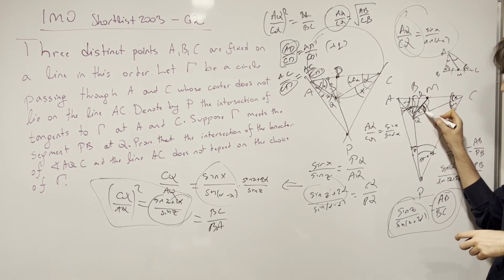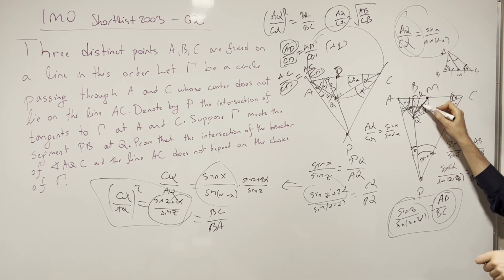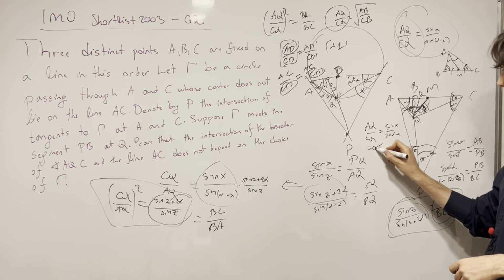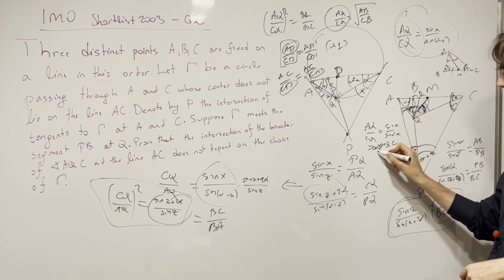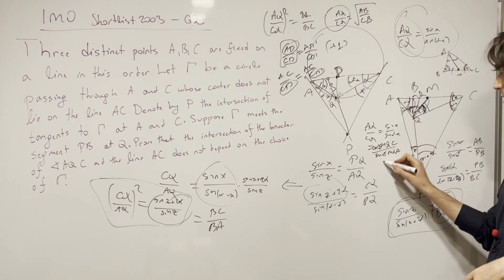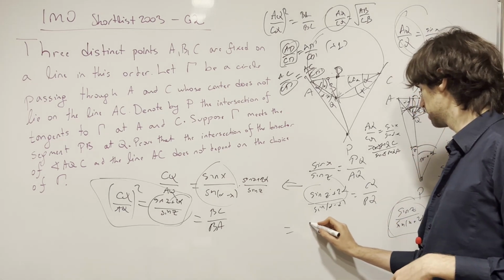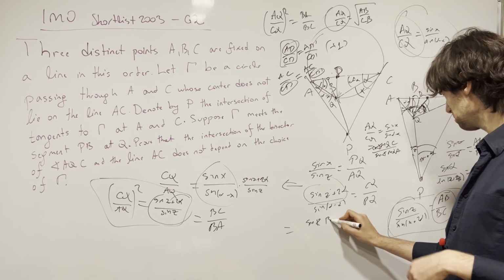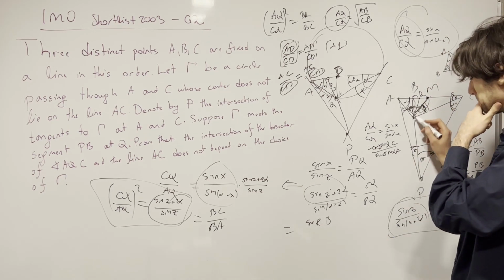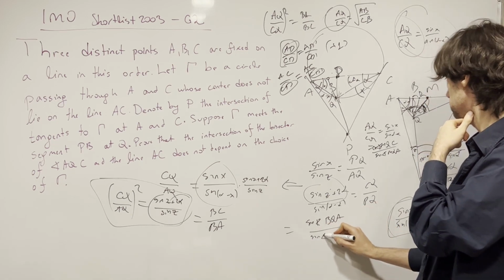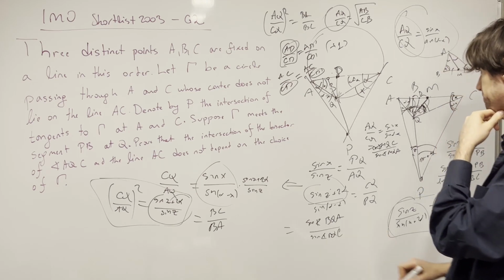And when I take the M, it's equal to sine of MQC over sine of the angle MQA, which is then equal to the sine of the angle BQA over sine of the angle BQC.